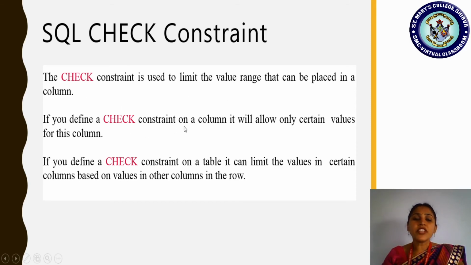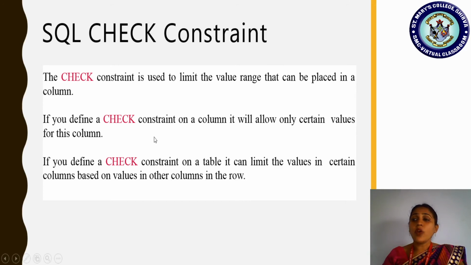If you define a check constraint on a column, it will allow only certain values for this column. So a check constraint can be defined for a particular column. If you define a check constraint on a table, it can limit the values in certain columns based on values in other columns in the row.